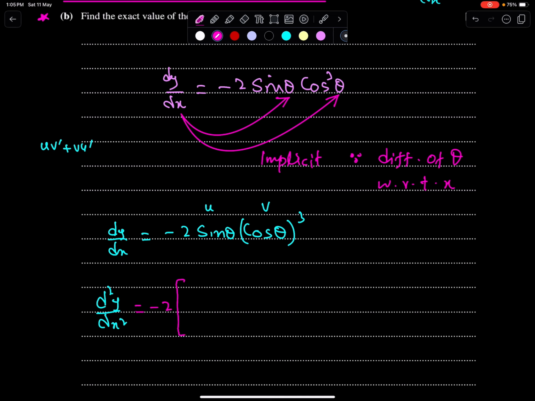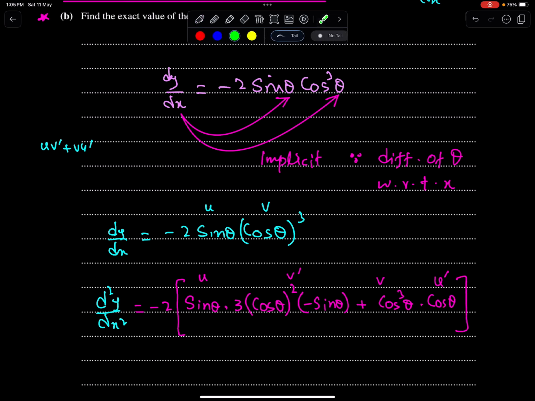So u is sine theta, copy u. Now differentiate cos theta whole cube. This is composite. First make the power a coefficient, subtract the power by 1 and then differentiate cos theta, which is minus sine theta. So this is u and this is v prime. Now copy v, which is cos cube theta, and differentiate u. The differential of sine theta is cos theta.